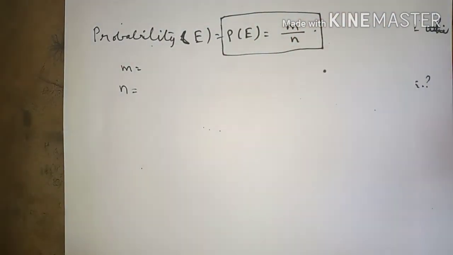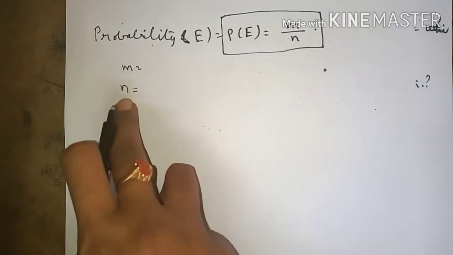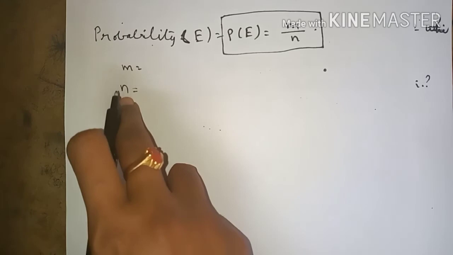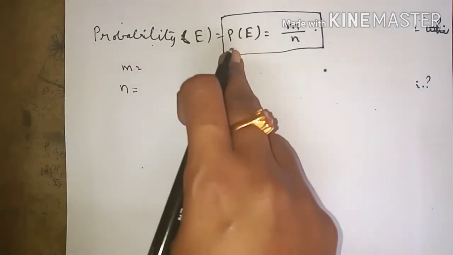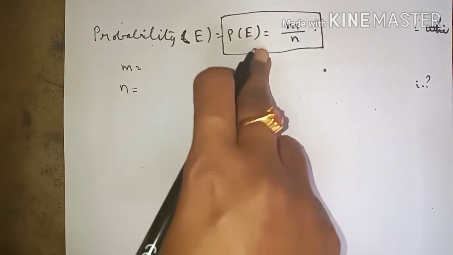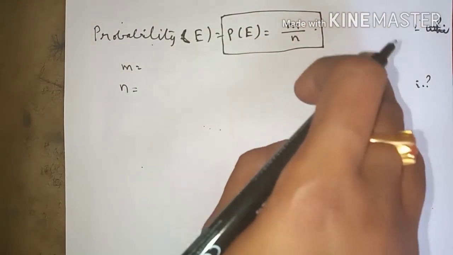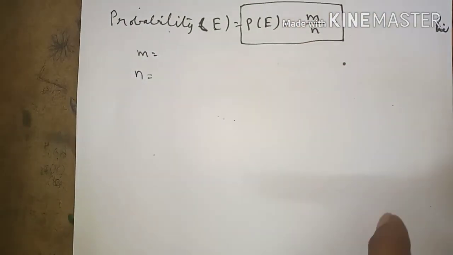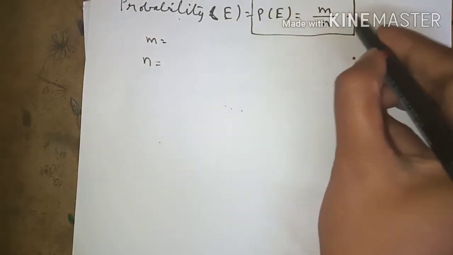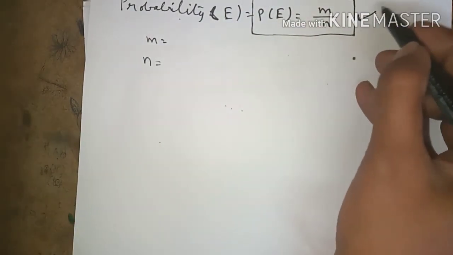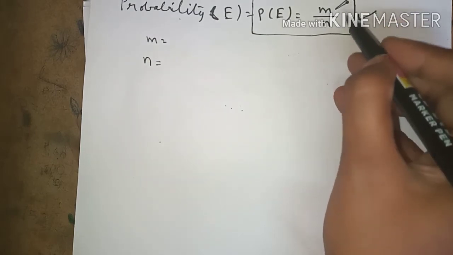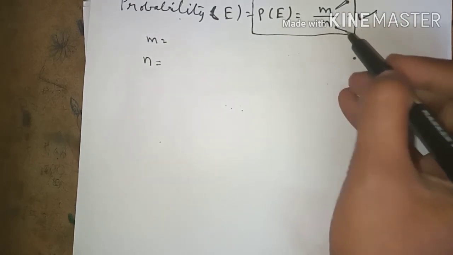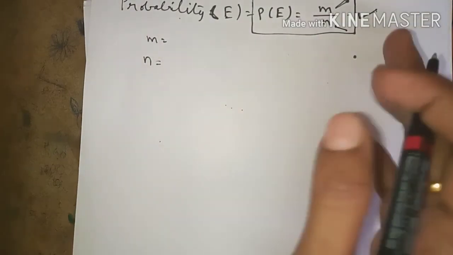What is m? m is the number of favorable events, and n is the number of mutually exclusive, exhaustive and equally likely events. So P(E) is equal to m by n, the number of favorable events by the number of exhaustive events.